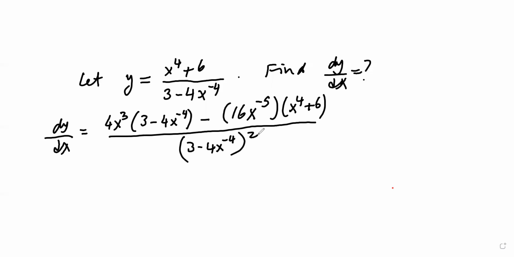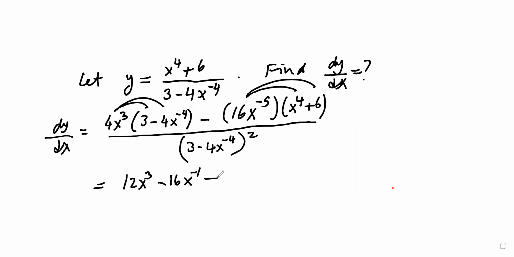Okay, and now we'll try to simplify this by distributing this and then distributing this. So that's 3 times 4, that's going to be 12x cubed and then negative 16. When you multiply, you add the powers. So 3 minus 4 is negative 1, so this will be 16x to the negative 1.